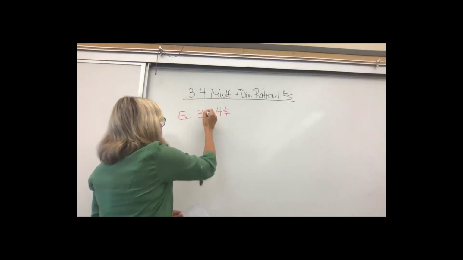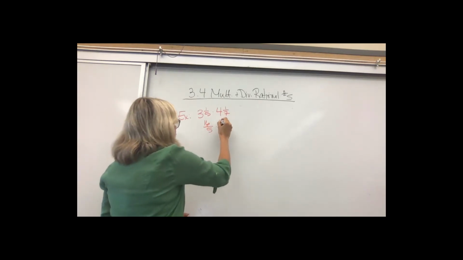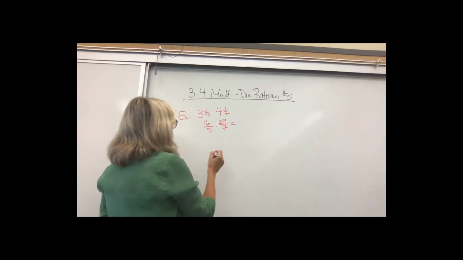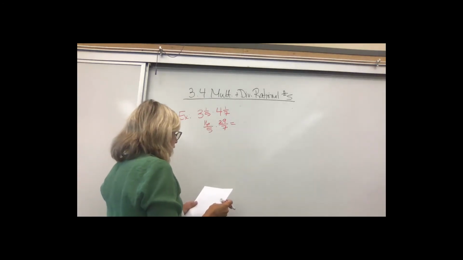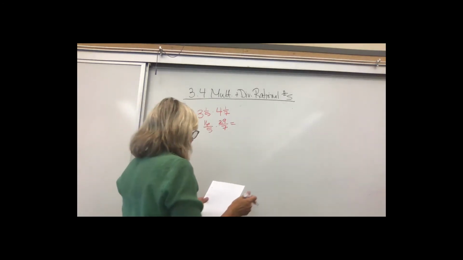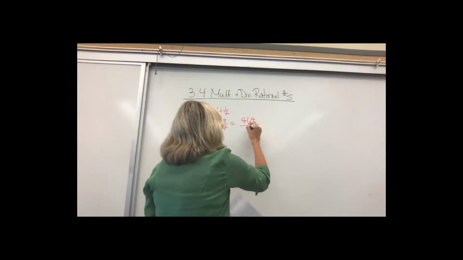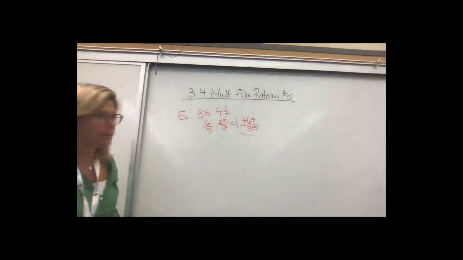So if you say 16/5 times 29/7, that equals 16 times 29. I don't know, I have to look here. It's 464 over 35. Well, I knew that part. 464 over 35.